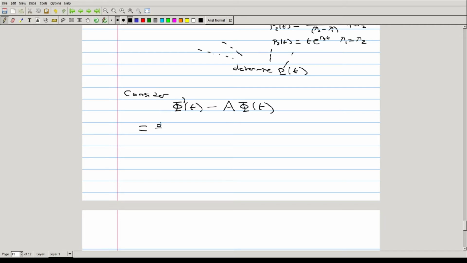So this will be the derivative of the finite sum from k equals 0 to n minus 1 of p_{k+1} of t times M_k, minus the matrix A times the summation from k equals 0 to n minus 1 of p_{k+1} of t times M_k.